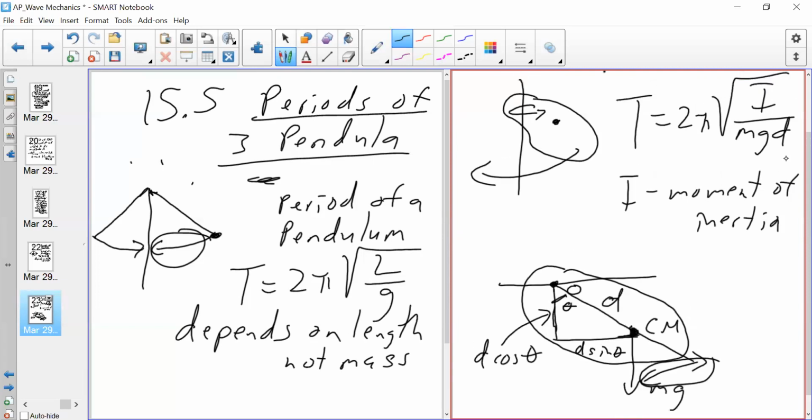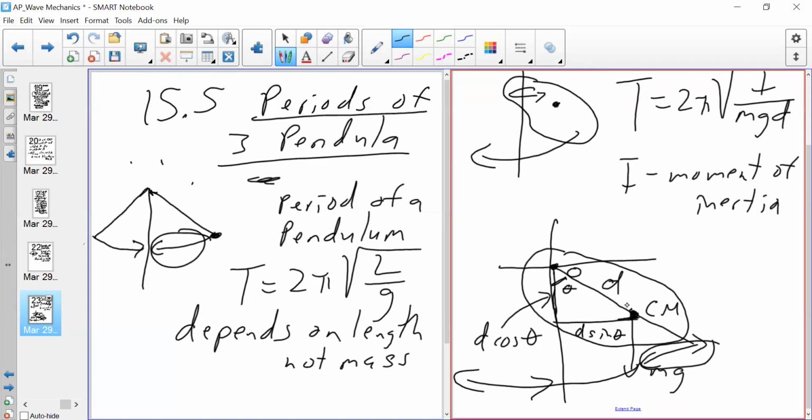To get a better idea what d is, it's the distance from here to there, or wherever your center of mass is, and it swings back and forth. That's the period of a regular pendulum and the physical pendulum.